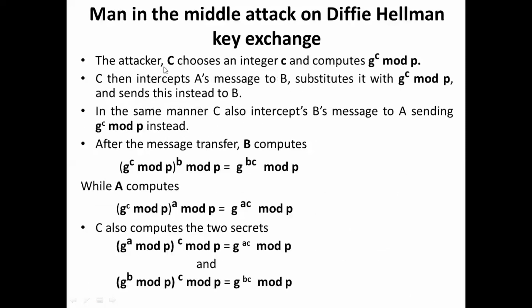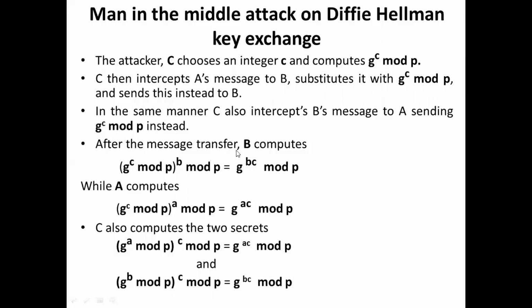Attacker C chooses an integer C and computes G to the power of C mod P. C then interrupts A's message to B and substitutes it with G to the power of C mod P, sending this to B instead. Whatever A has sent was interrupted by C, and C sent his own message to B. In the same manner, C interrupts B's message to A and sends G to the power of C mod P instead.